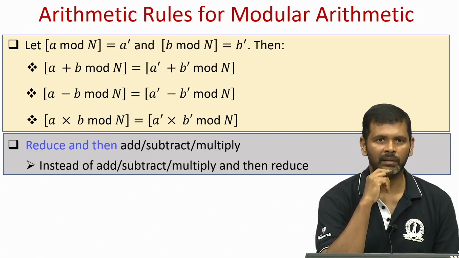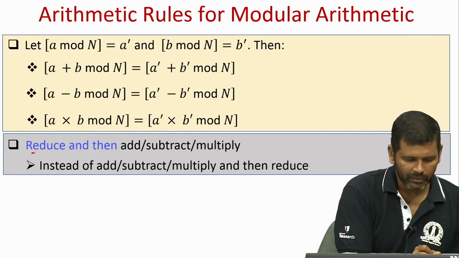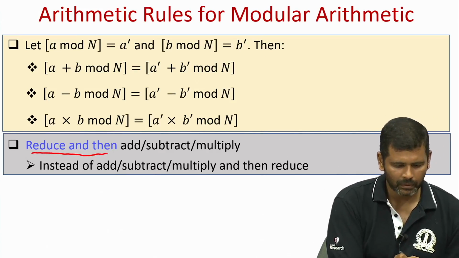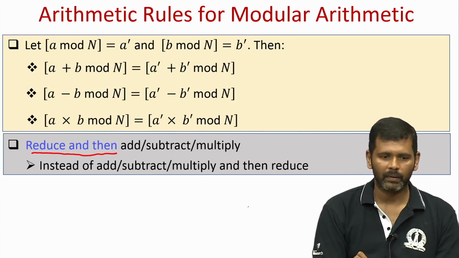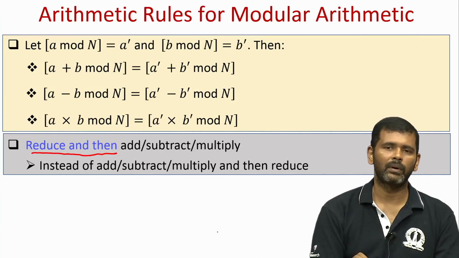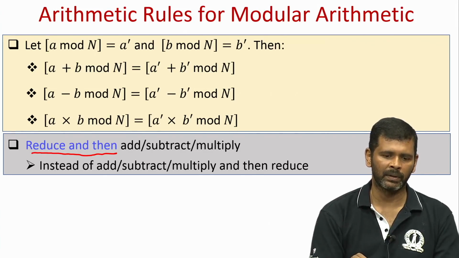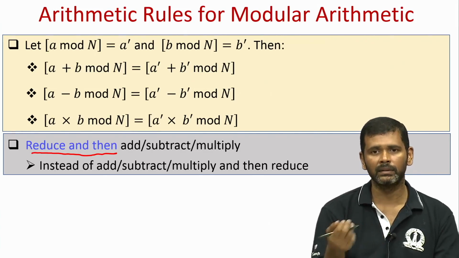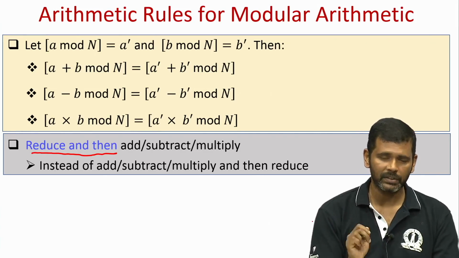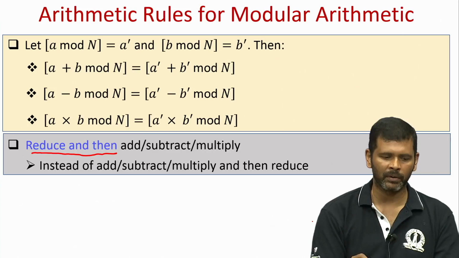The interpretation here will be the following, that you can first reduce the operands, namely a and b modulo n, and then you can perform the plus operation, subtraction operation, multiplication operation, and if again required then you can do a modulo instead of first adding and then taking a modulo, right.